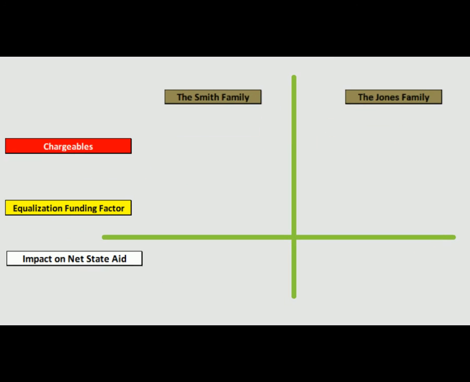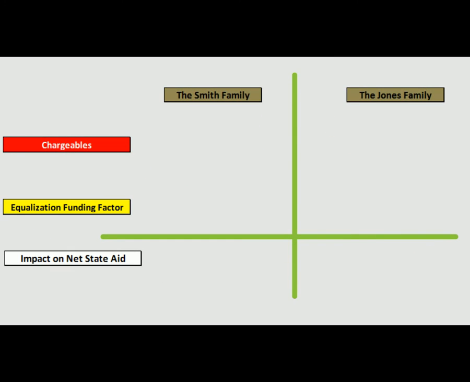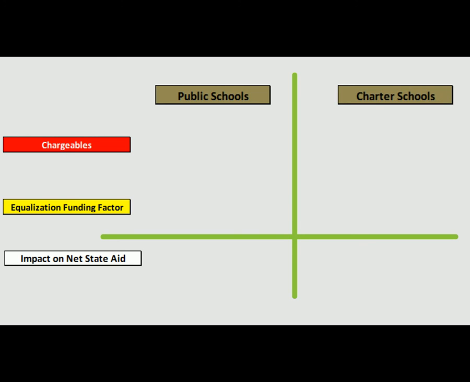When examining state aid, the Smith family represents public schools, both contributing and receiving distributions through equalization. Charter schools are represented by the Jones, contributing nothing to chargeables, but taking a full share of their redistribution. In fiscal year 16, public schools contributed $1.609 billion of chargeables, while charter schools added nothing.